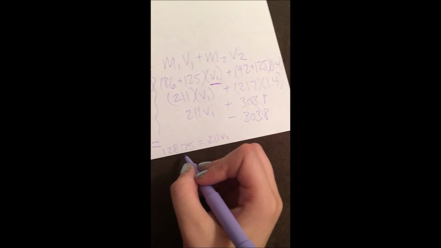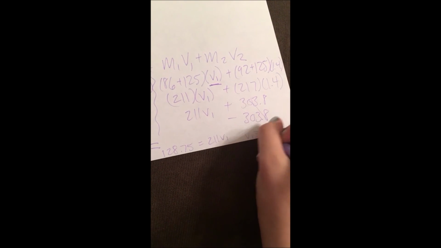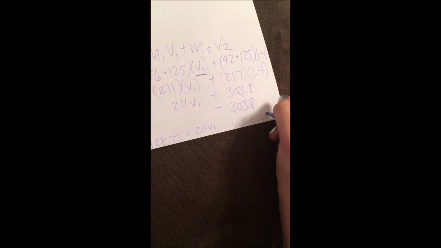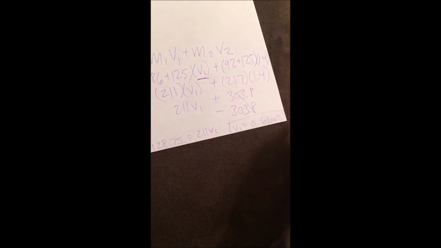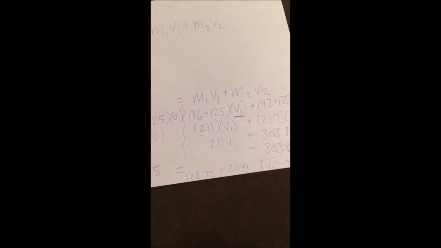Now we just divide, and v1 equals 0.61 meters per second. And that is how you use an elastic collision formula.